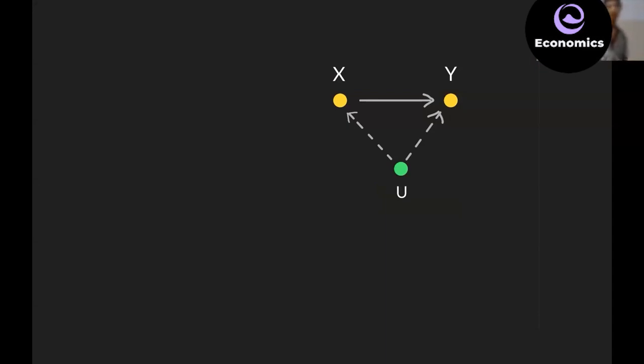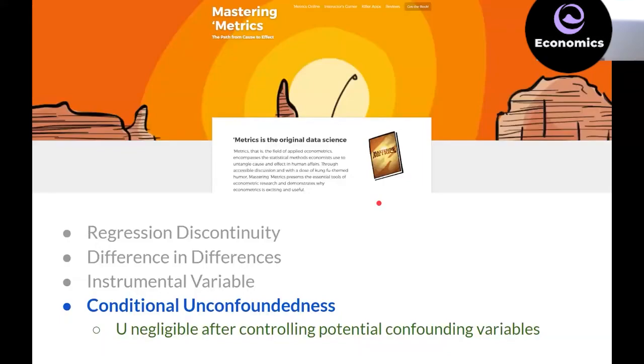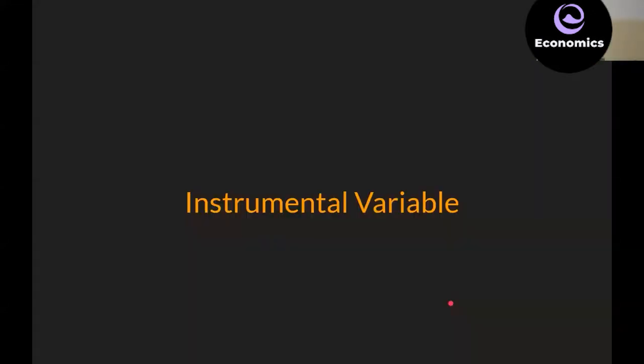So the potential drawback is that you might still have a lot of confounding variables that you haven't captured yet. So one way to deal with it is what we call using an instrumental variable, IV.